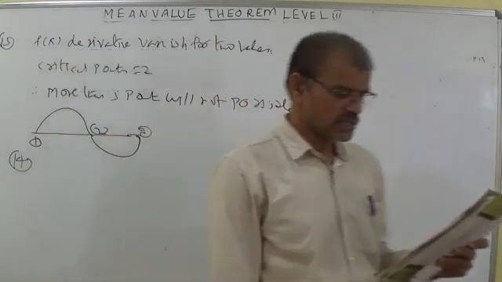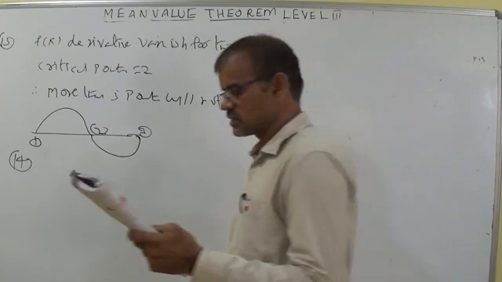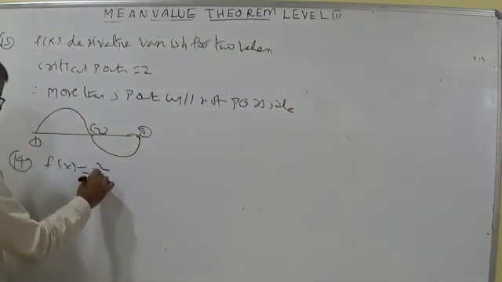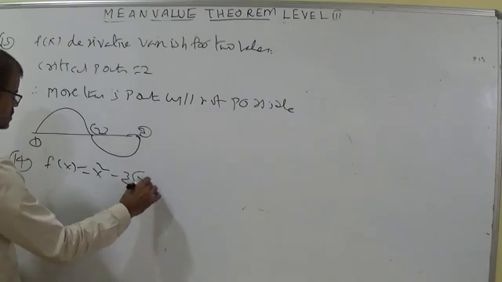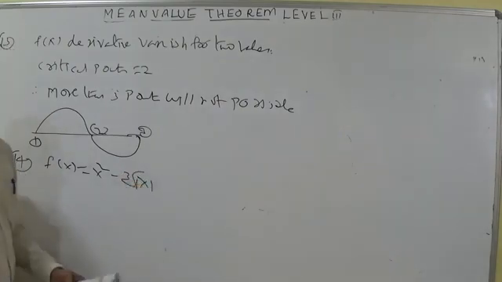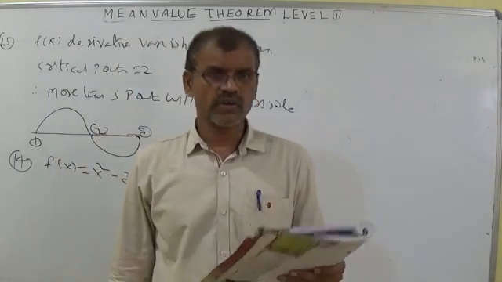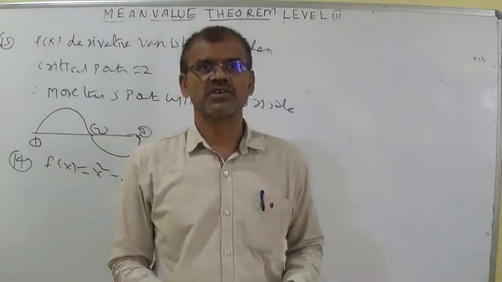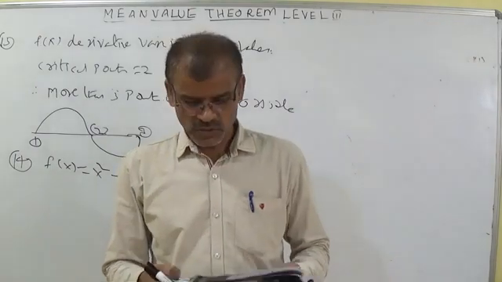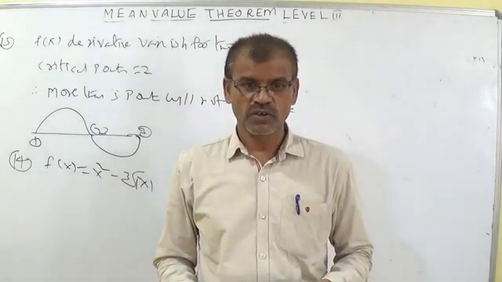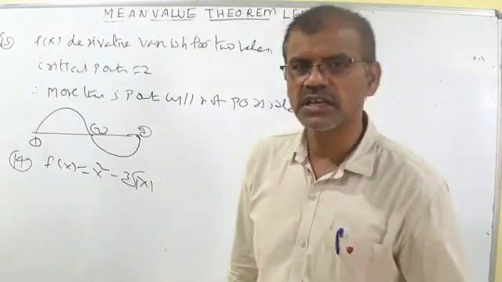F of x is equal to x square minus cube root of mod x. You should try to understand that cube root of mod x is given.